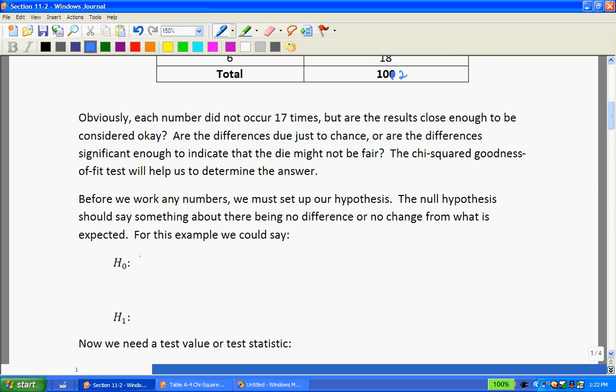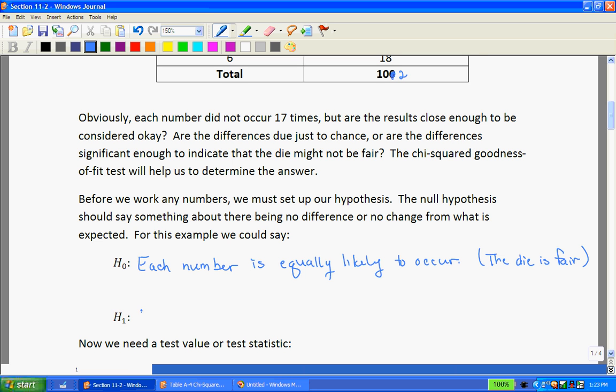So I would say maybe for the null hypothesis, each number is equally likely to occur. Meaning the die is fair.